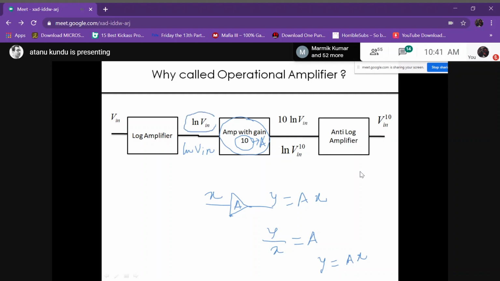If this is ln V in, the output will be 10 times ln V in, gain times input, which we have just done. Is that okay? Yes, sir. And then we know that for the log, this factor will come as a power. So we get ln V in to the power 10. If we have an anti-log amplifier here, then finally we'll get V in to the power 10.